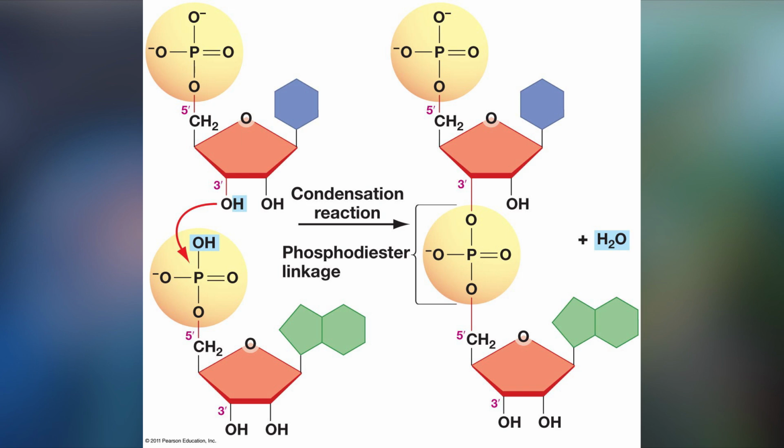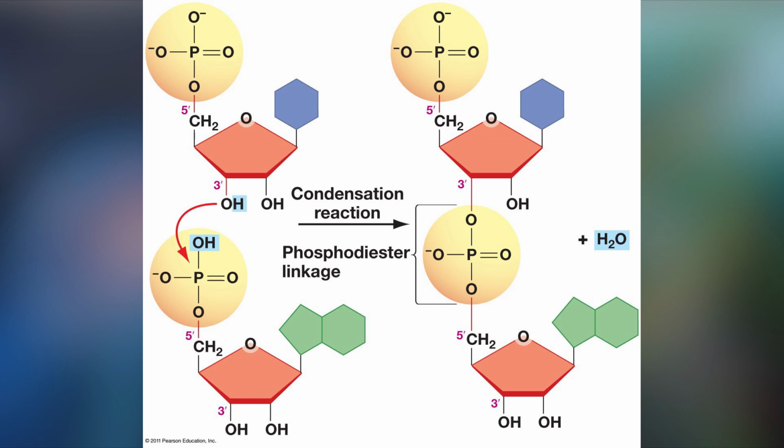Because remember I said a phosphate group is a phosphate with 4 oxygen atoms around it? Well, one of the oxygens in the phosphate group replaces one of the oxygens that was sticking out from the ribose or deoxyribose. And therefore, those 2 molecules, the phosphate group and the 5-carbon sugar, are now linked because they share the same oxygen atom. And this is called a phosphodiester bond.